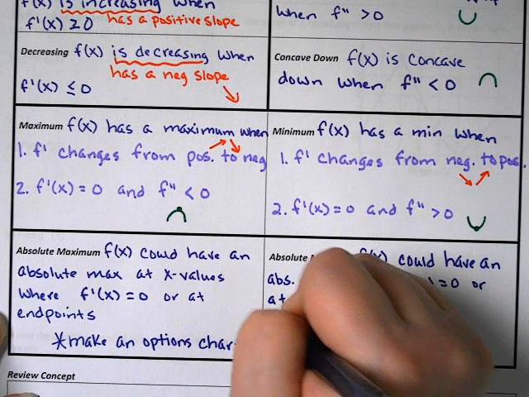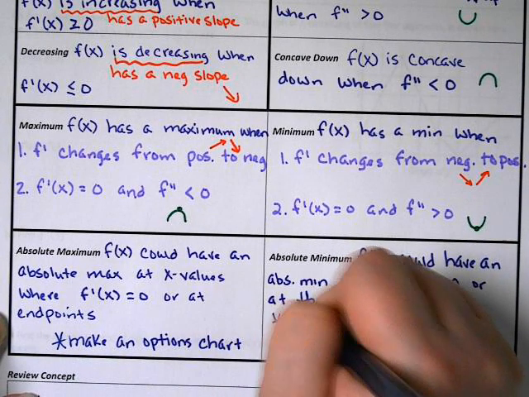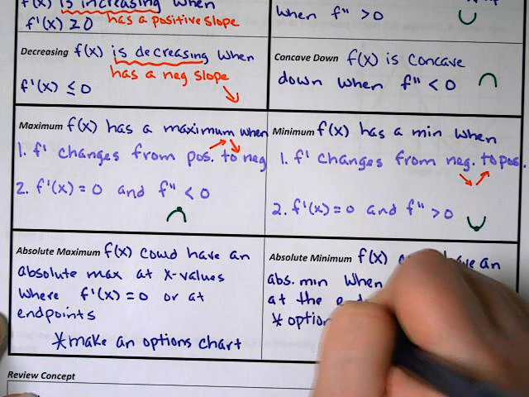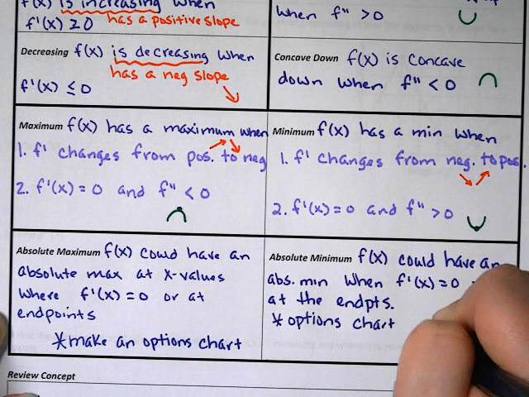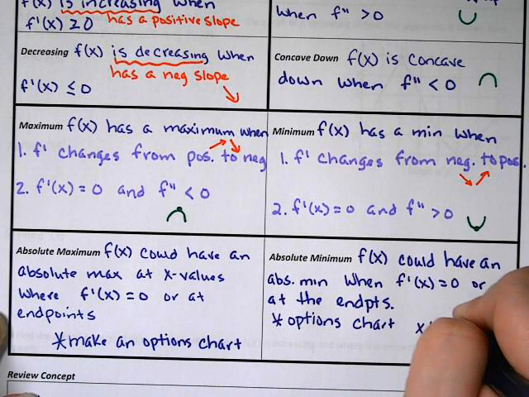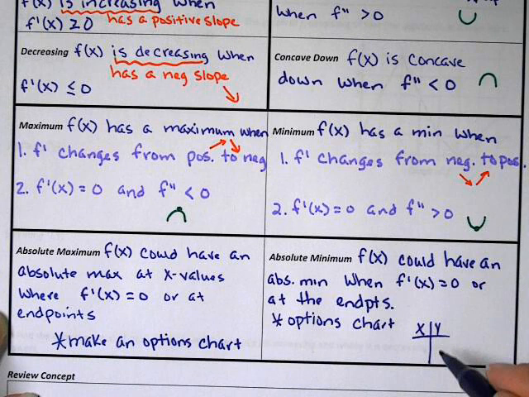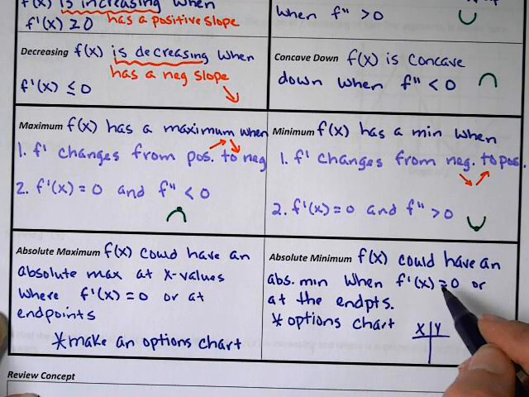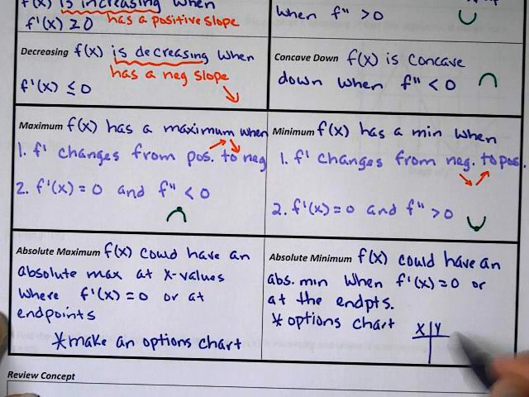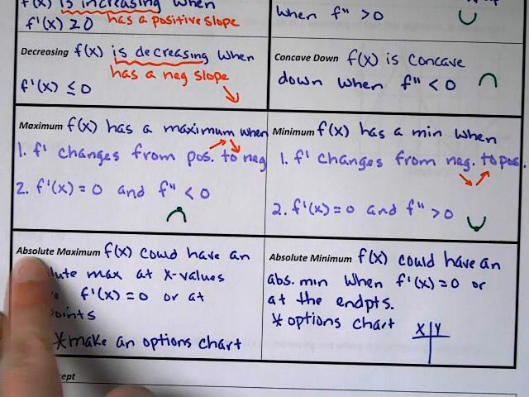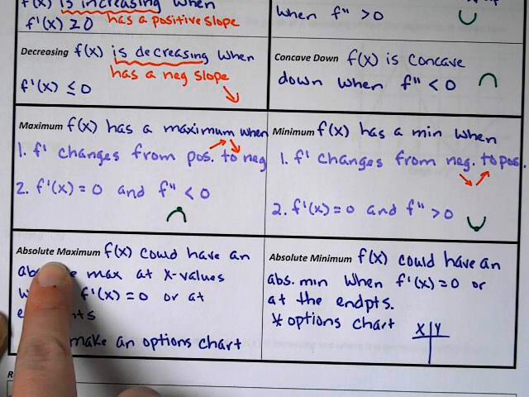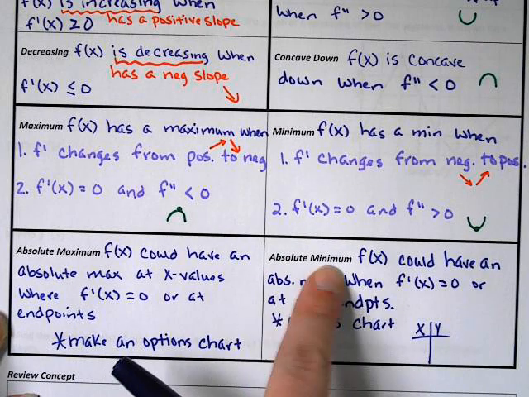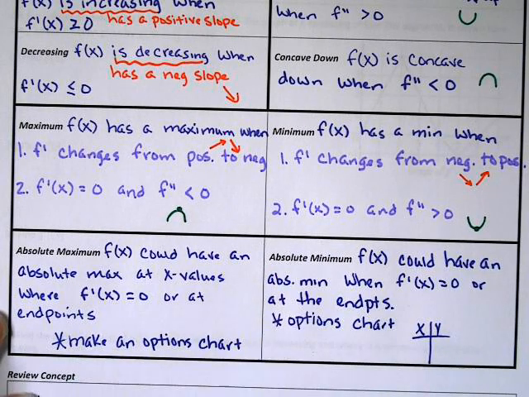And again, we're going to make that options chart. So just to remind you, our options chart has x and y, and we will substitute the values where f prime is 0 and the endpoints into the function, and then we'll just pick the absolutely highest for the absolute max, and then the absolute minimum is obviously the smallest.